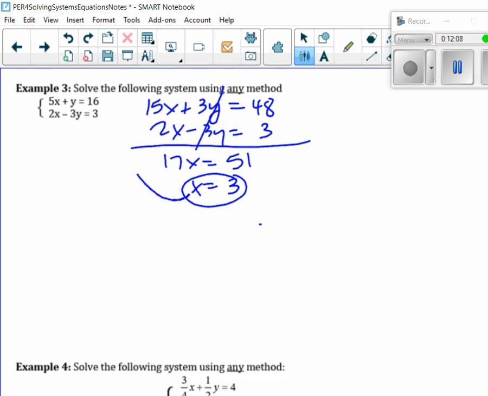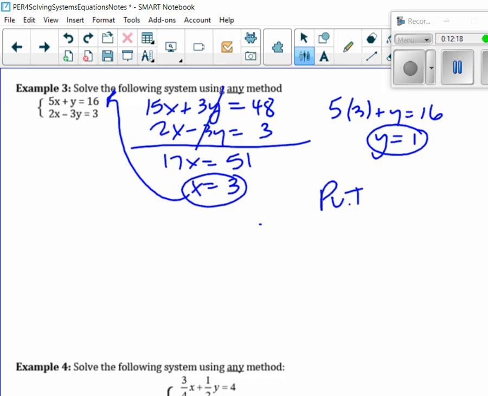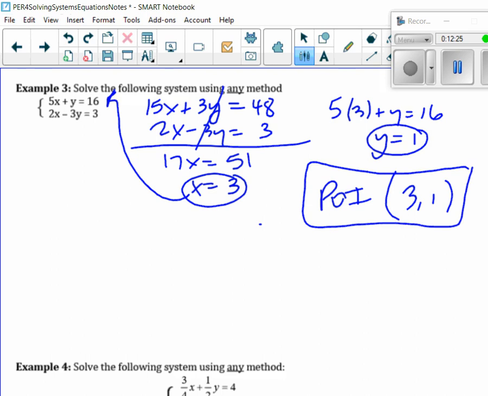Then I'm going to sub it into whatever. So 5 times 3 plus y equals 16, so y equals 1. So my point of intersection is 3, 1.